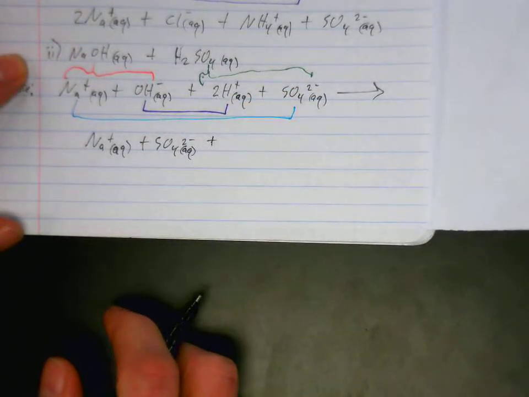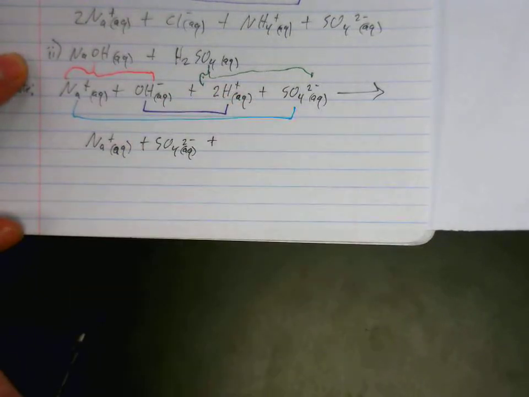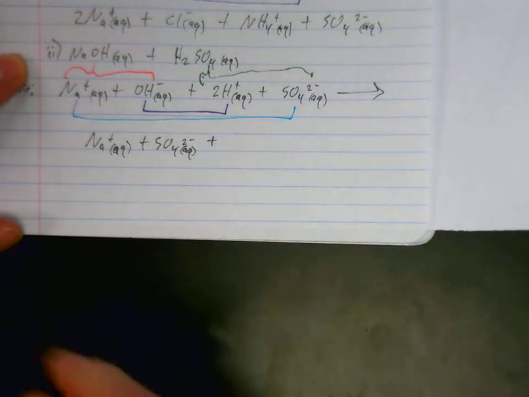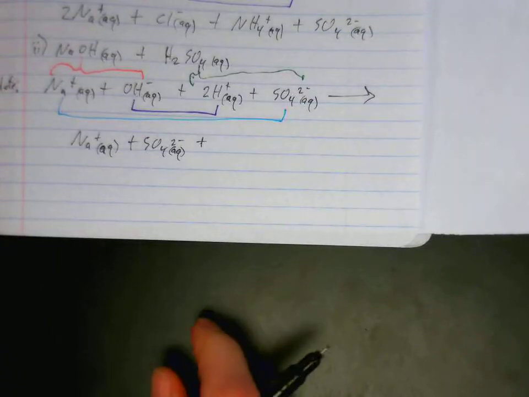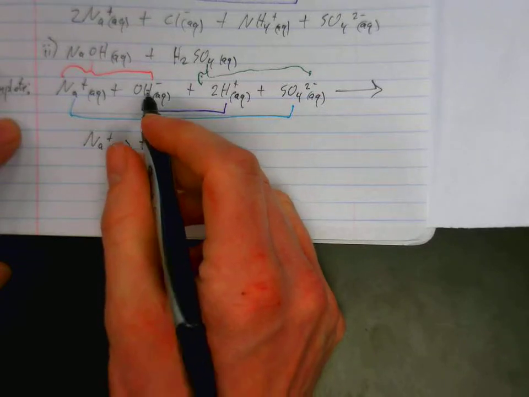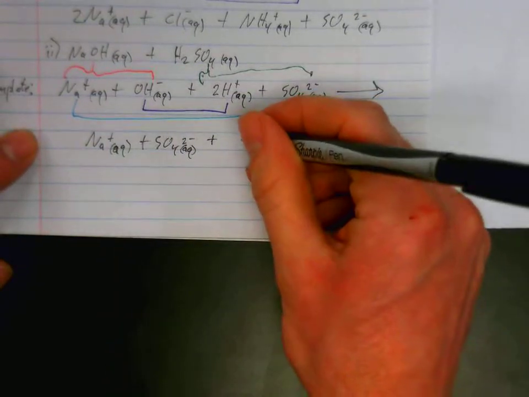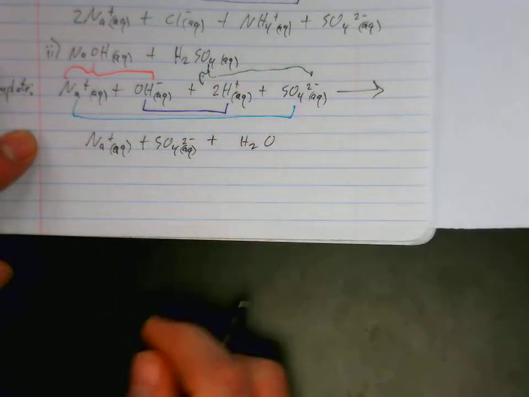Now, hydrogen and hydroxide, what do those make when those go together? Well, this is a little different. We don't so much have something insoluble in this case, but rather two hydrogens and an oxygen make water.